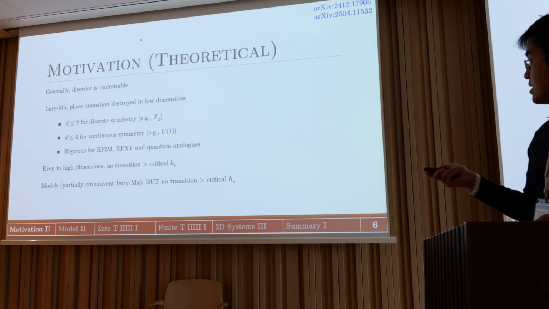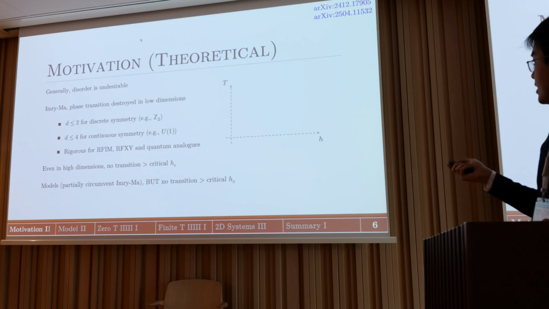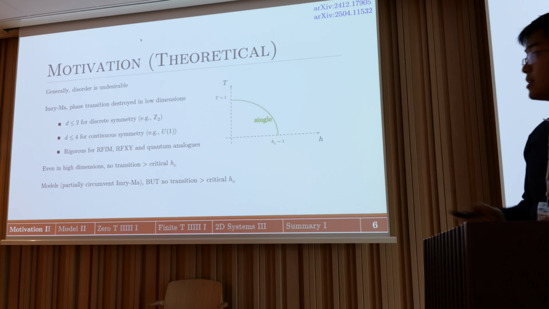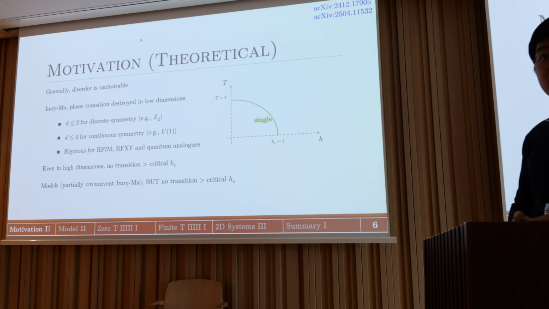So basically, if I were to plot the phase diagram, where the x-axis is the disorder strength, while the y-axis is the temperature, then what the phase diagram qualitatively looks like for these models would be something like this. Sure, maybe at weak disorder, you have some transition temperature, but as you increase the disorder strength, ultimately the ordering disappears.